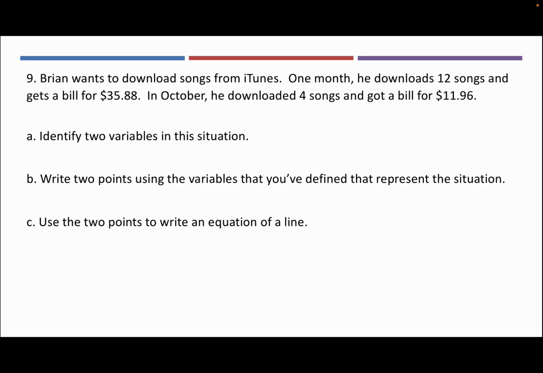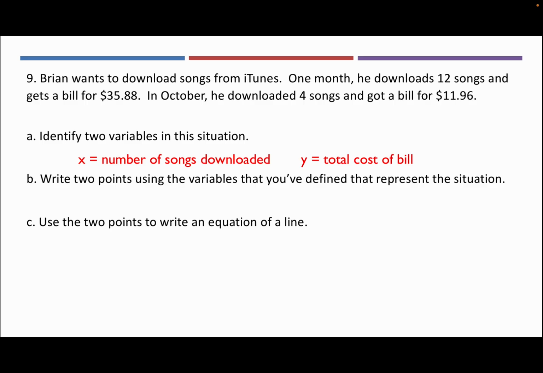Okay, 2 variables, ready? I notice that he's downloading a certain number of songs and he's paying a bill, right? Those are my 2 variables. And which one impacts the other? The number of songs that he's downloading is impacting how much he's paying, right? So then I go back and I have to write 2 points, keeping in mind x comma y.